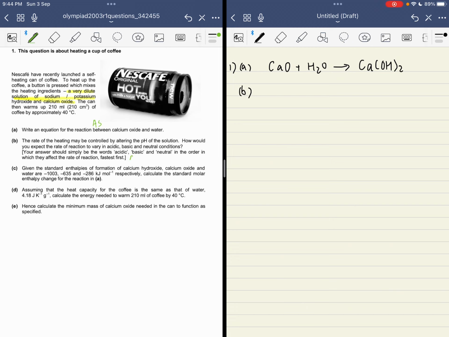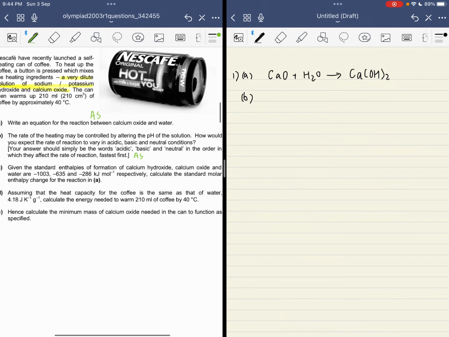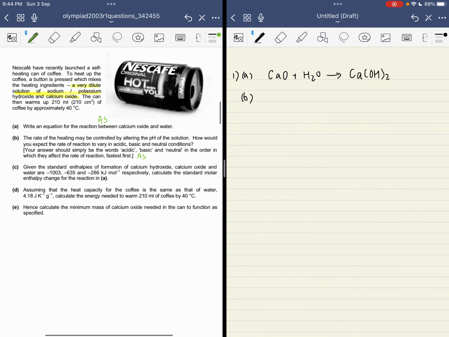B is also an AS level content. It tests you on some concepts relating to equilibrium, and let's start by deducing how the pH of the solution would affect the rate of reaction in the heating can.